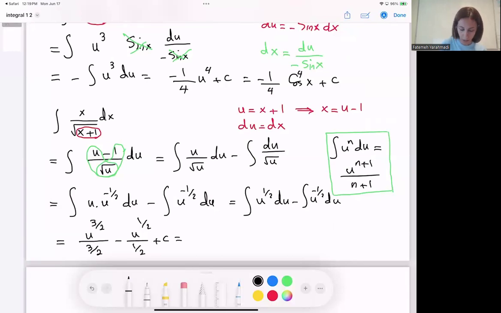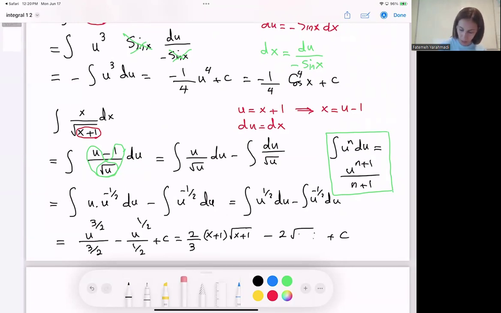So in turns, it's equal to 2/3 times u square root of u, or since u is x plus 1, you get x plus 1 times square root of x plus 1 minus 2 times square root of u, which is square root of x plus 1 plus constant of integration.